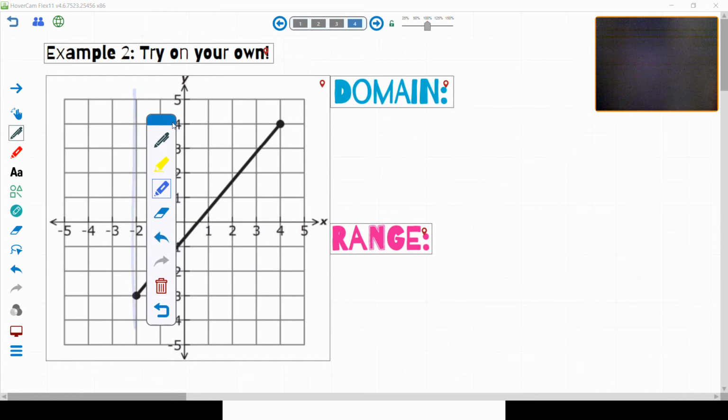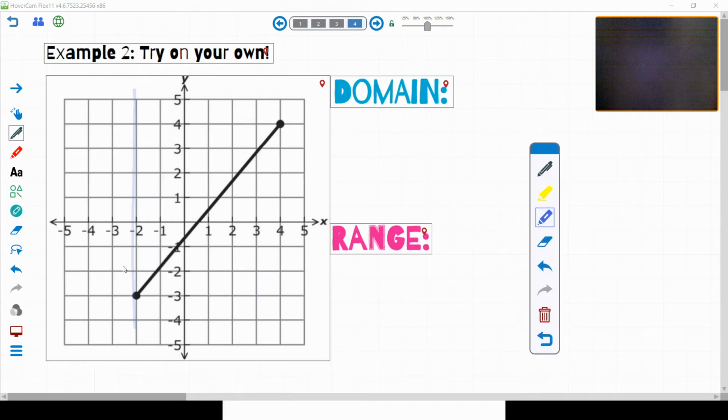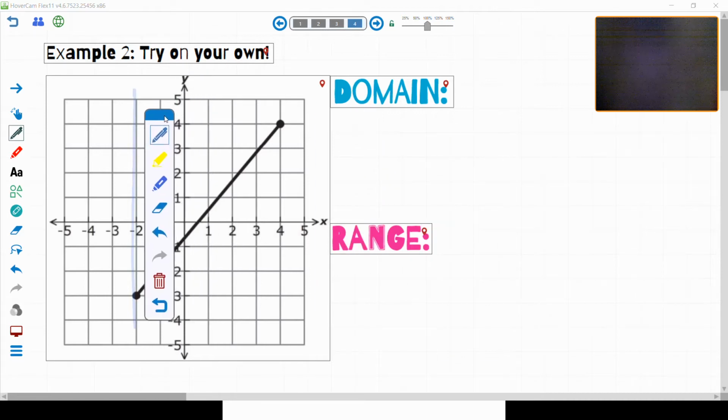Okay, so here I have a solid dot, so that means I am including that value. And it begins at, let me move that back over here to be less confusing, -2.